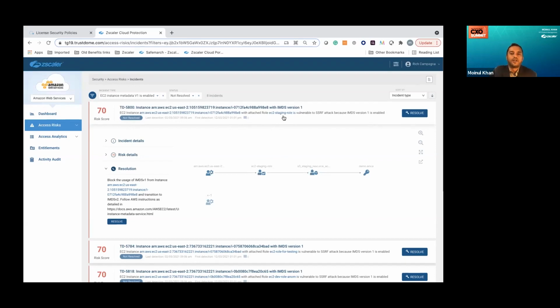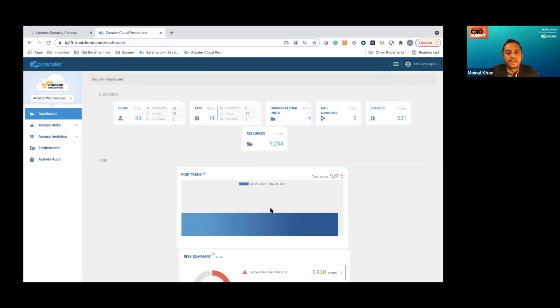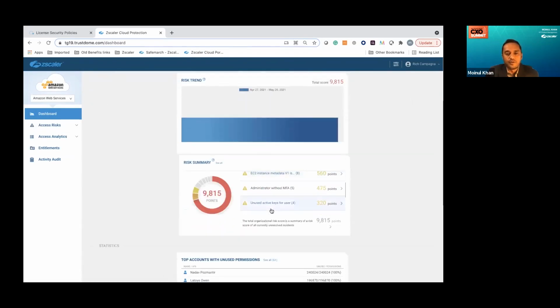That means when an HTTP request comes to it to collect the metadata for an EC2 instance, it will not challenge it. That's not a good idea. You should be configuring version 2 so that it asks for some secret key, so that the requester is a legit requester, right?